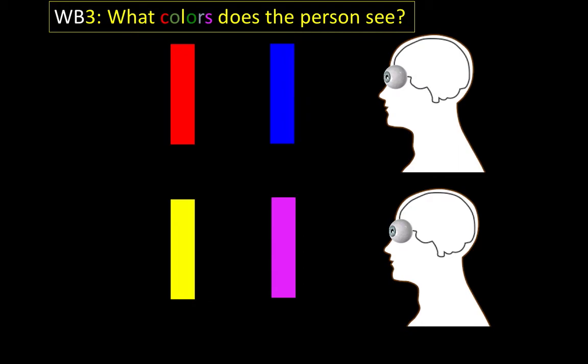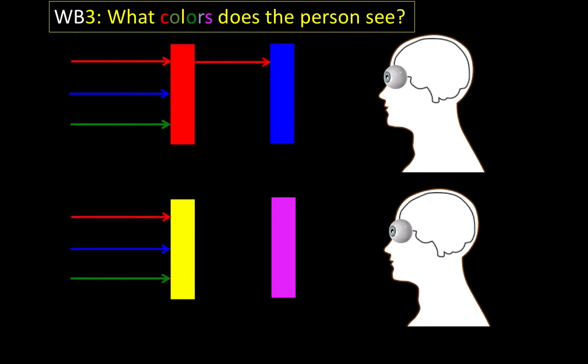Now for overlapping filters, and we still have all light available, well, up top, the red filter would let red light pass and absorb the blue and the green. The blue filter will only let blue light pass, but there's no blue light available, only red, so the person sees nothing.